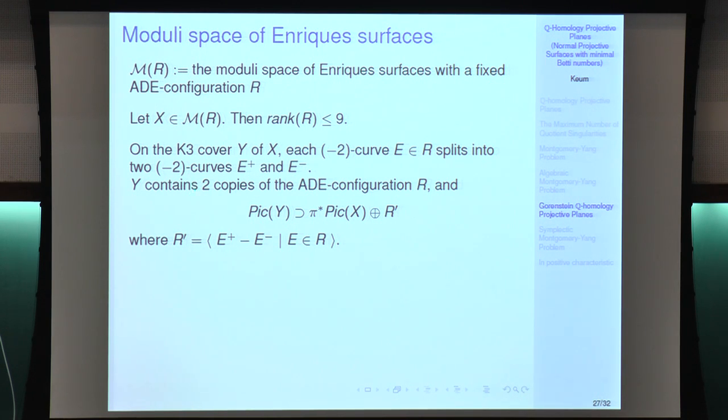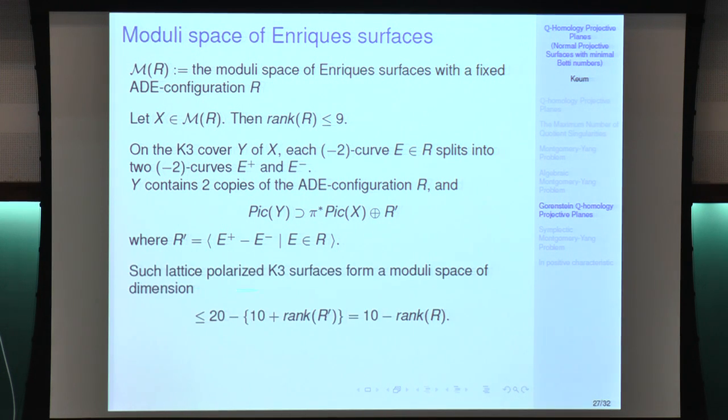So the K3 cover Y contains 2 copies of the ADE configuration. And the Picard lattice of Y contains the pullback of the Picard lattice of X and R prime. This is generated by the difference between the two. And the sum, E plus plus E minus, is contained here already. So they are also on R. Here, this one is rank 10, and this is rank R prime, same as rank R.